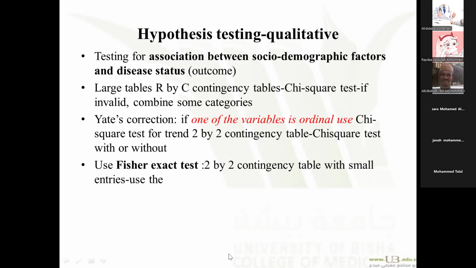So you have to do either the Yates correction to do the chi-square, or you opt for another test, which is called the Fisher exact test. So these two, Fisher exact and the Yates correction, help in solving your problem when you're trying to make an association between socio-demographic features and disease status outcome.